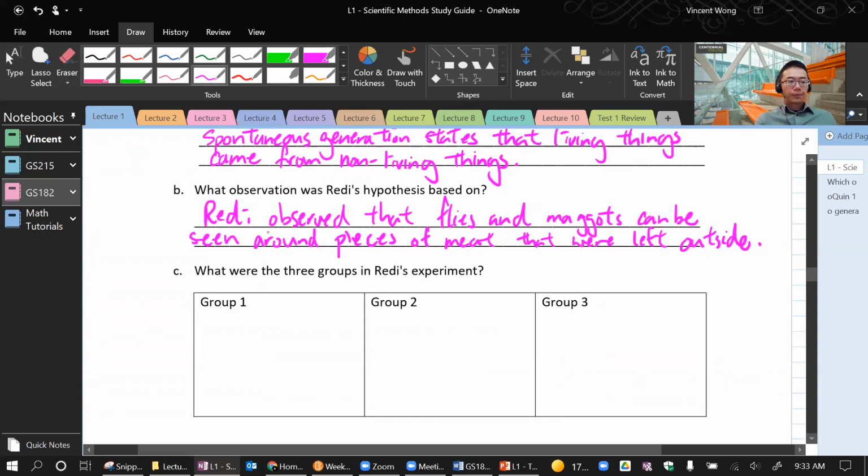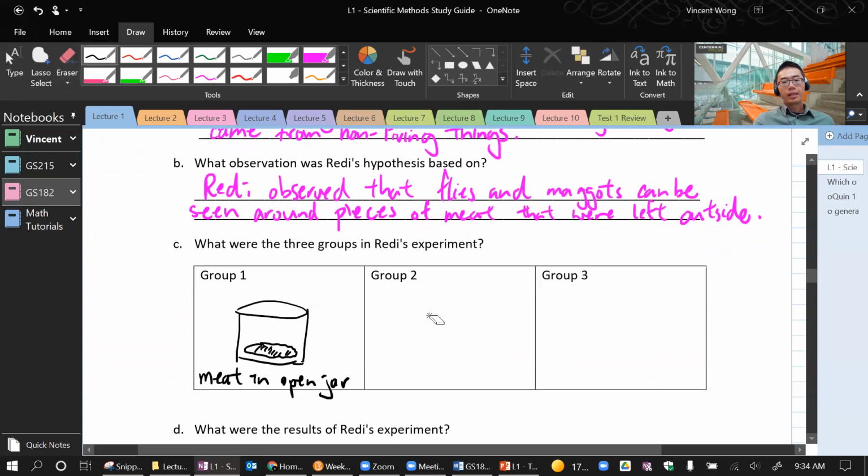So now he's going to do an experiment, and he has 3 groups. The first group, he has a jar with a piece of meat inside. So meat in an open jar. That's the first group. And then the second group is the same jar, same type of meat, but this time he's going to put a mesh cover on top.